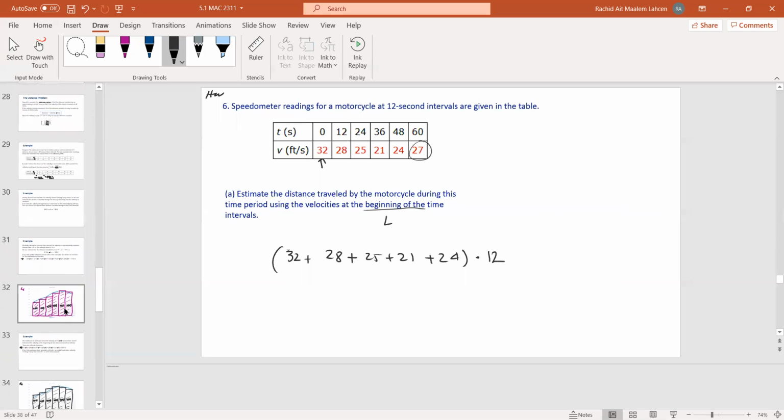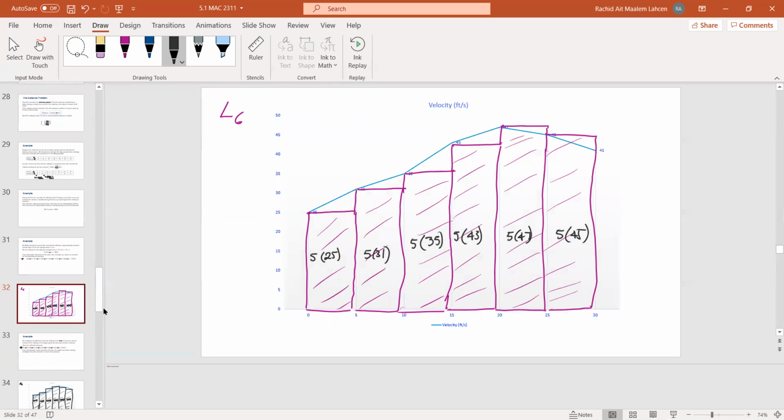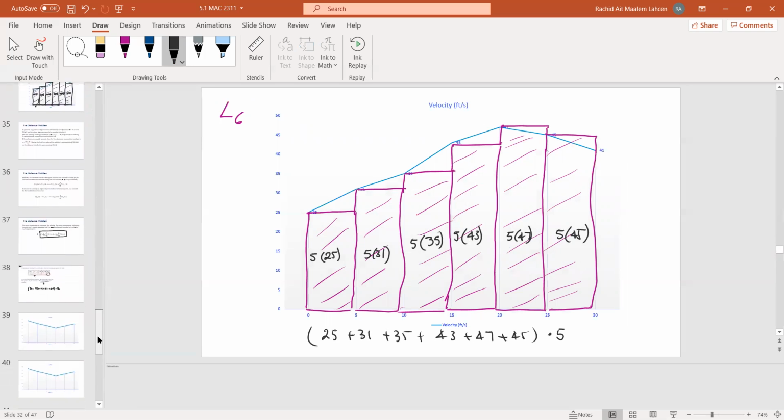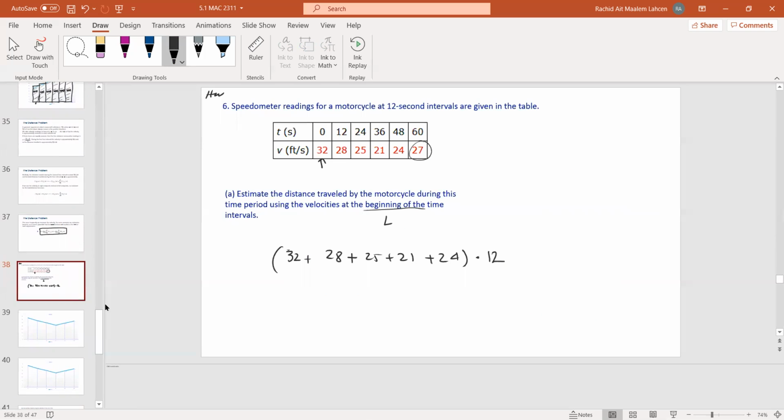Just like these, you see 25 plus 31 plus 35 plus 43 plus 47 plus 45, they all have a common factor of 5. Same thing here, and that will give you 1560.